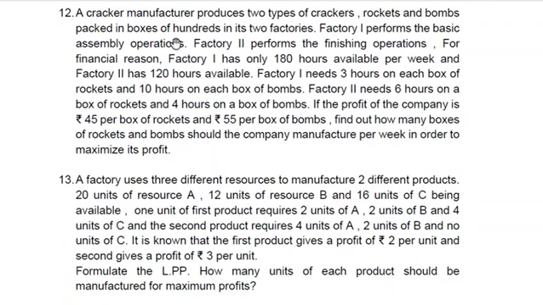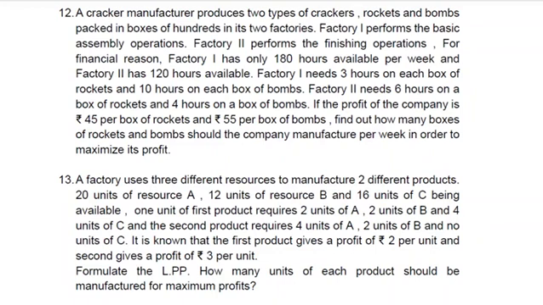Factory 2 needs 6 hours on a box of rockets and 4 hours on a box of bombs. If the profit of the company is rupees 45 per box of rockets and 55 per box of bombs, find out how many boxes of rockets and bombs the company should manufacture per week in order to maximize its profit.